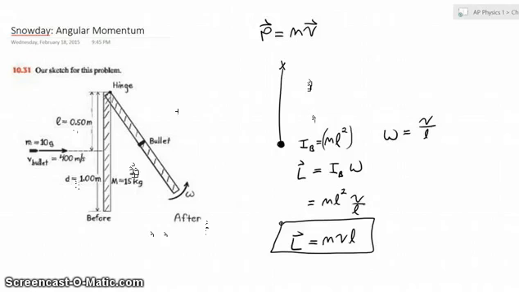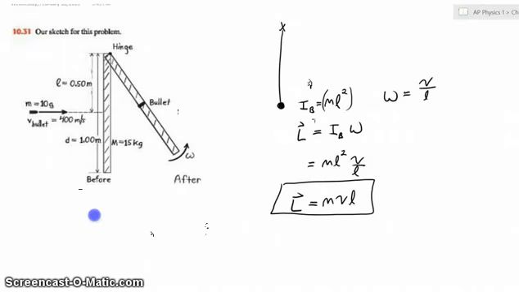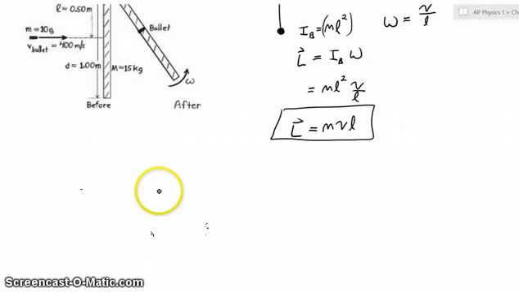From this point on, we can think of this as a completely inelastic collision, just like the example from before. So we're going to have some amount of initial angular momentum, some amount of final angular momentum.